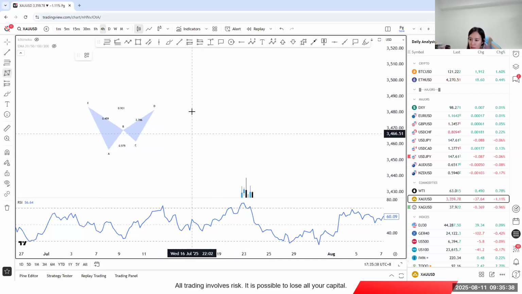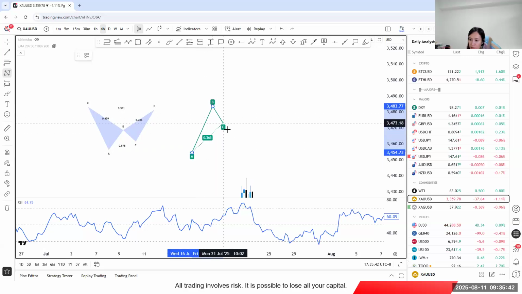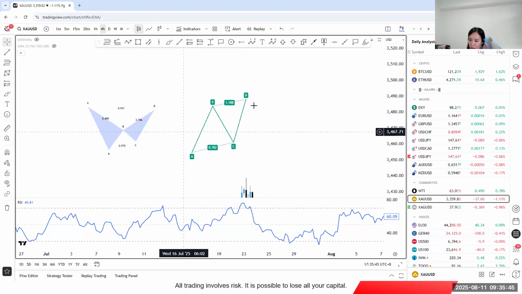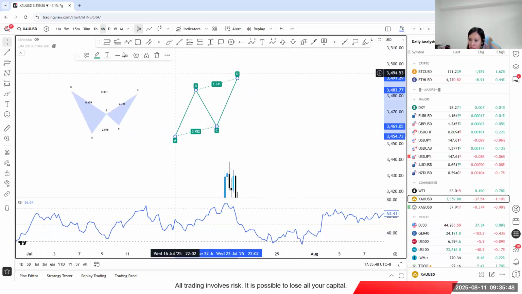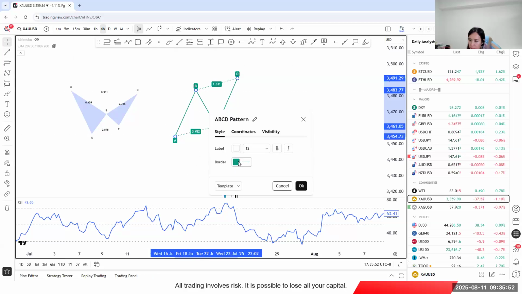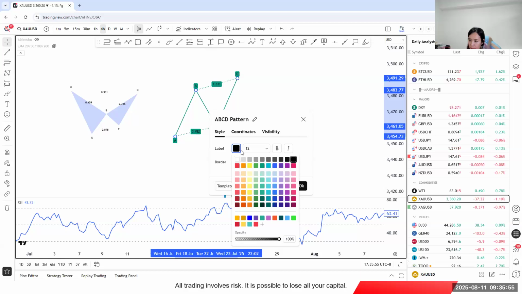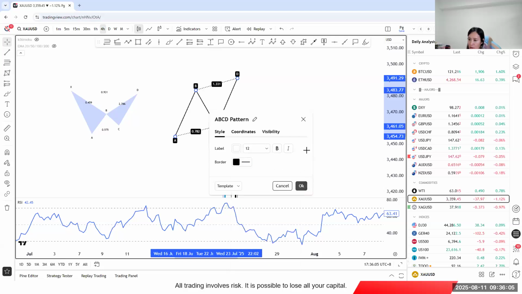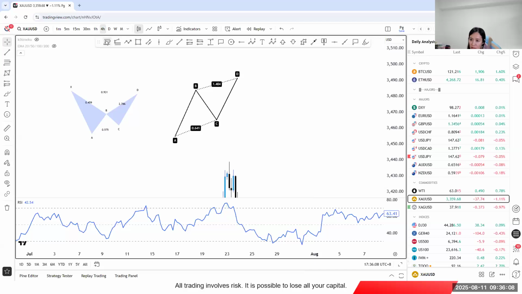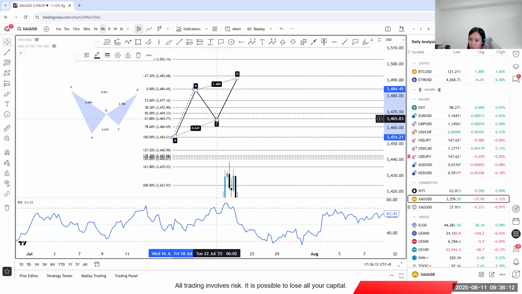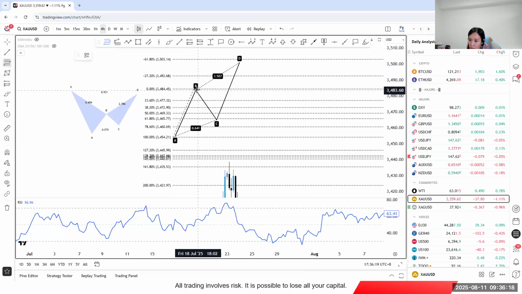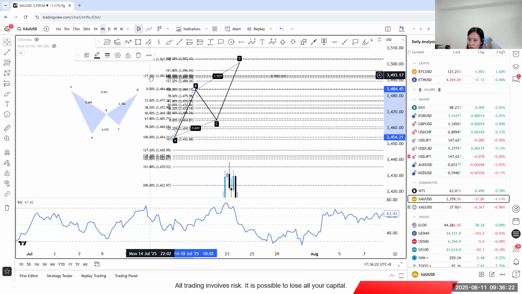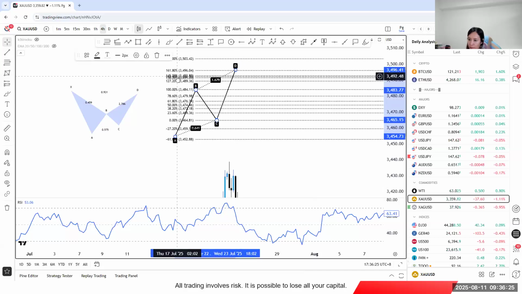So let me say that this is going to be my A, B, C, D. I would say that if C retraces 61.8%, the BC extension would be 161.8 right here.